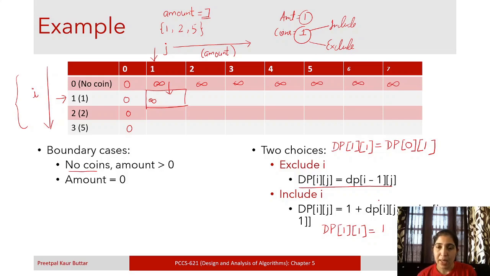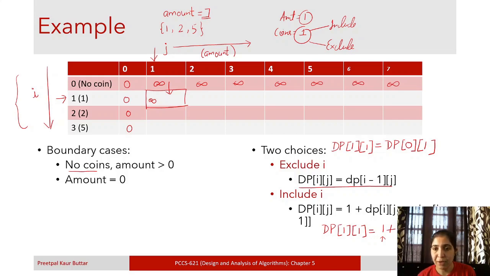Okay, and plus dp I using the 1 rupee coin. Now you are using this coin. Okay, so you are adding 1 coin. Here you have added this coin, and after taking this coin, what is the amount left?